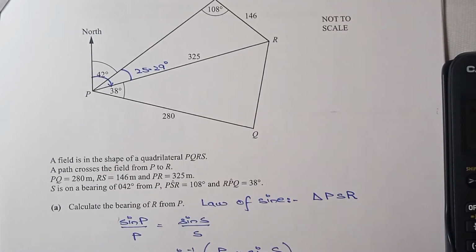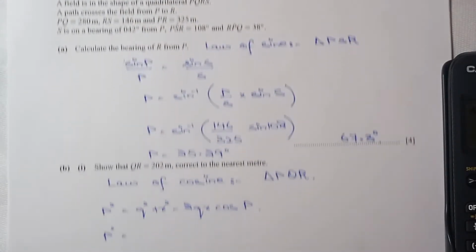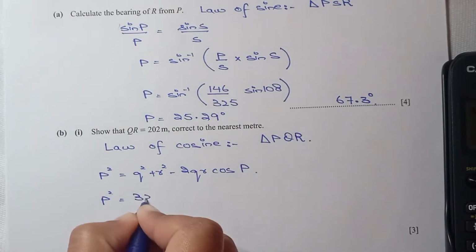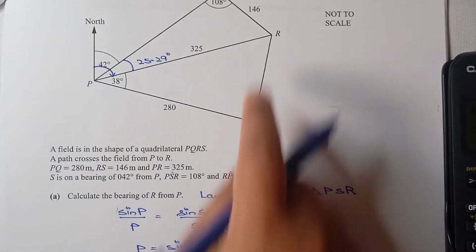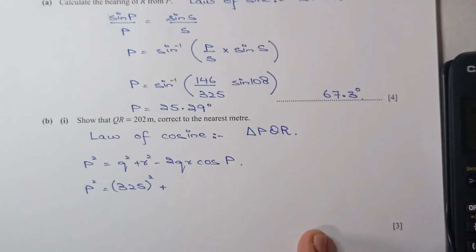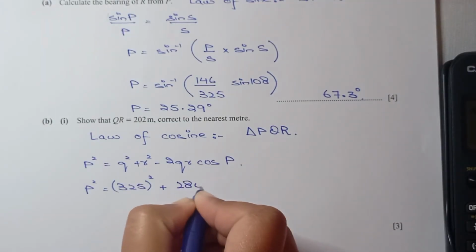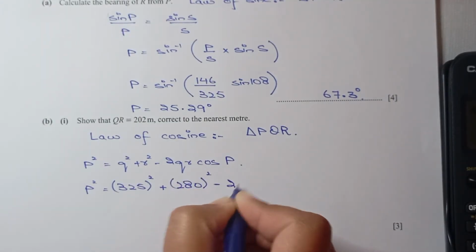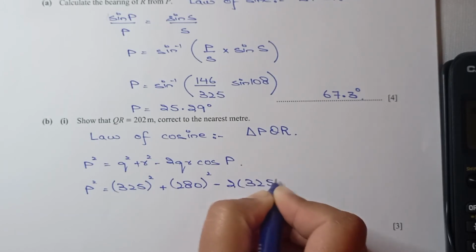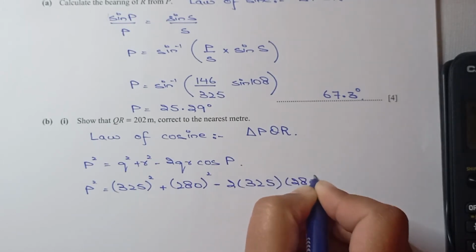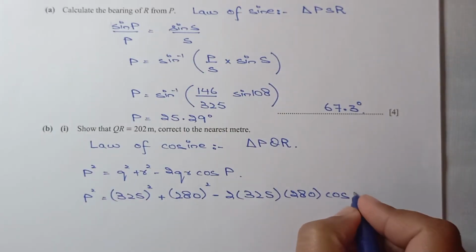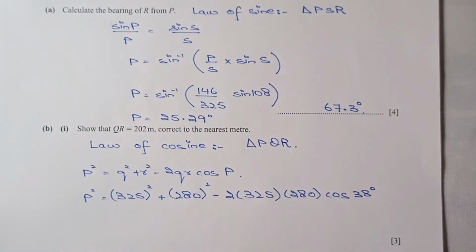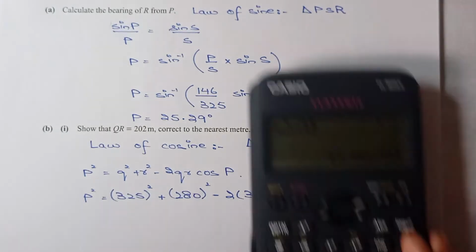The side Q is 325, so 325 whole square plus the side R is 280, 280 square minus 2 times Q times R cos of angle P. So what is angle P? 38 degrees. Okay. So let me simplify all the terms.